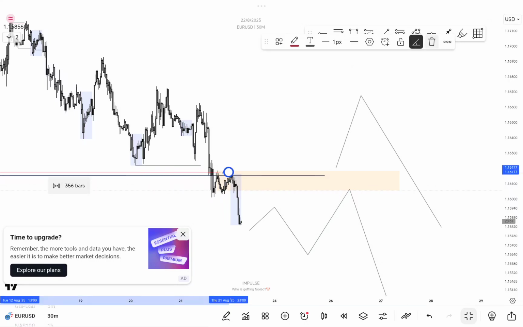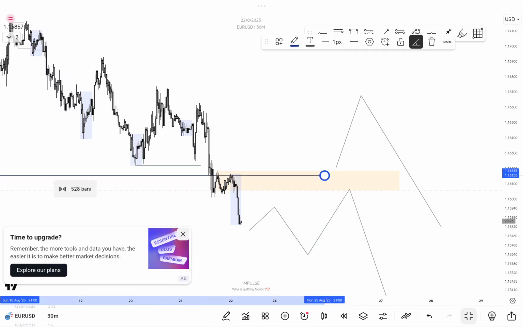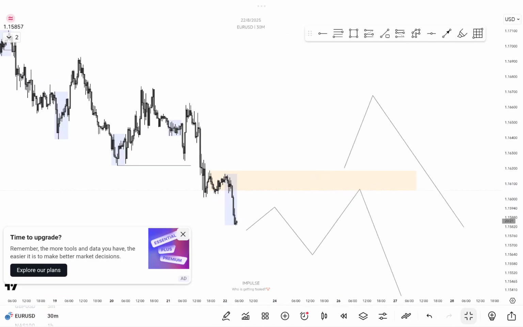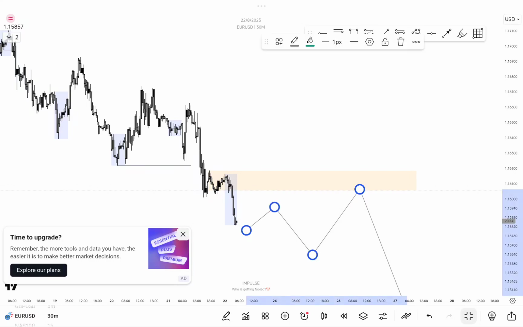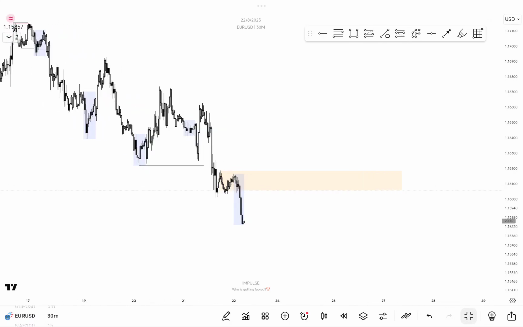Some of this is no longer important. These are for our break that we had. I'm going to remove that now. No longer important. I'm taking this out. So this would be the last break of structure we've had, the last real break of structure we've had.